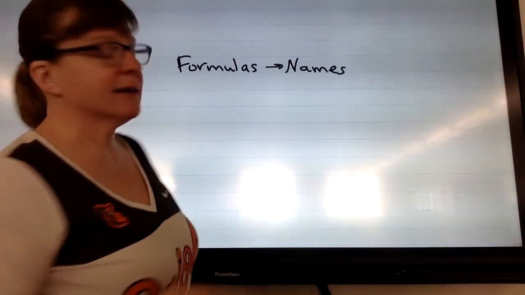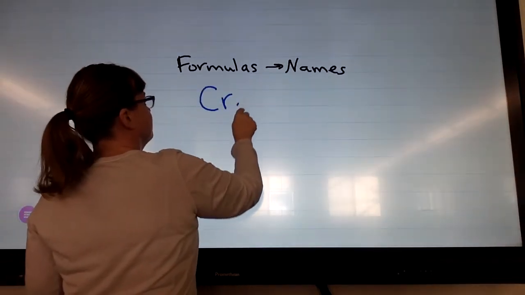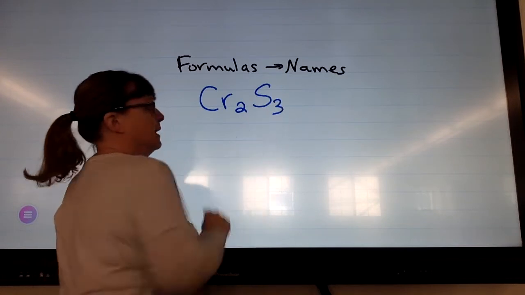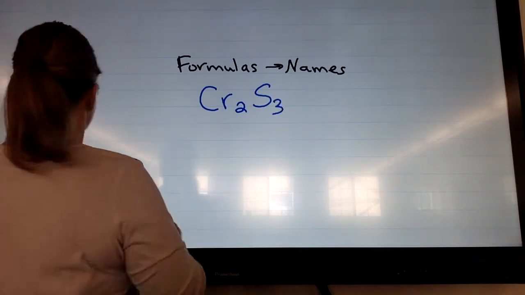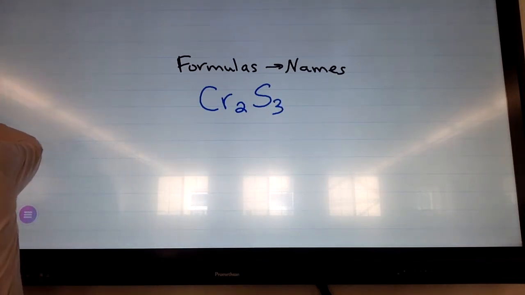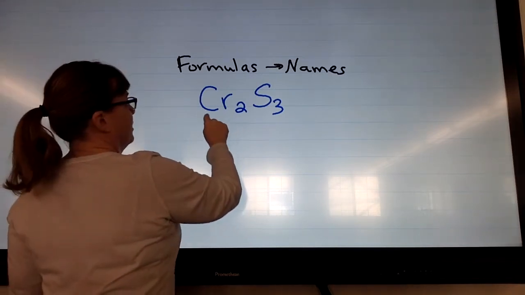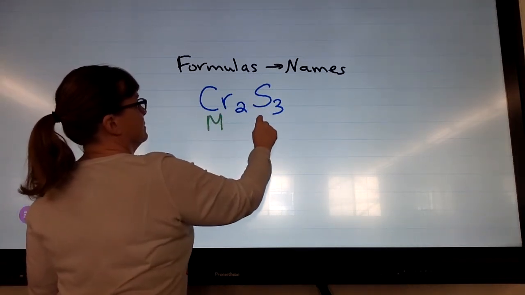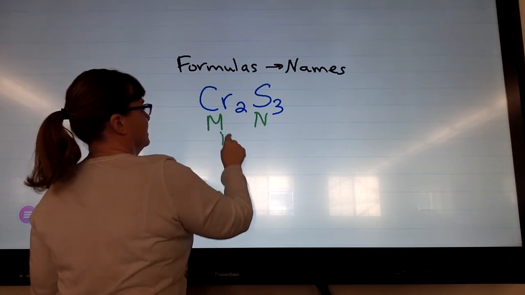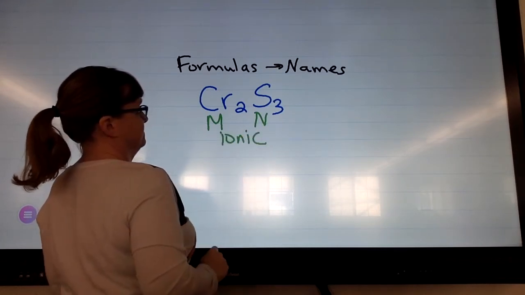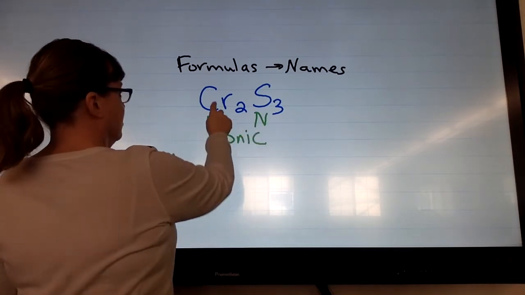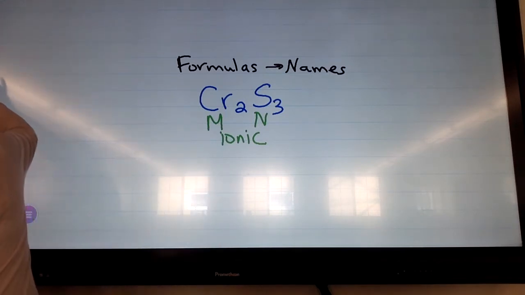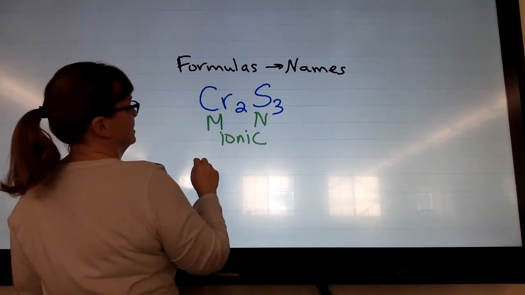And the next one we're going to look at is a little tougher. Again, this is from your work from Friday. Chromium is a metal. Sulfur is a non-metal, so this is ionic. Okay, next, chromium has possible choices.